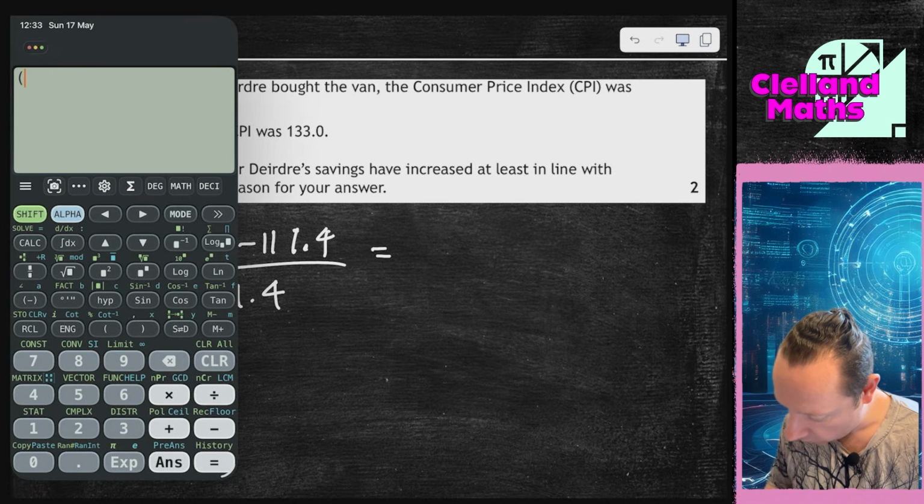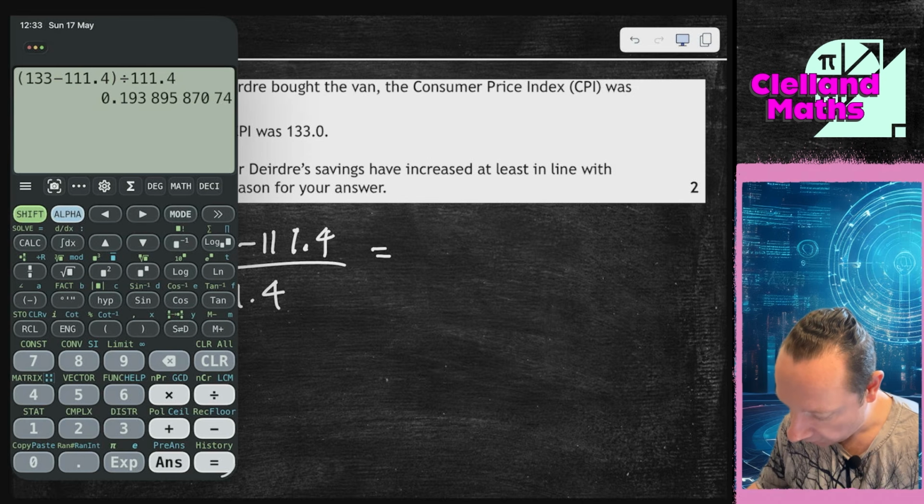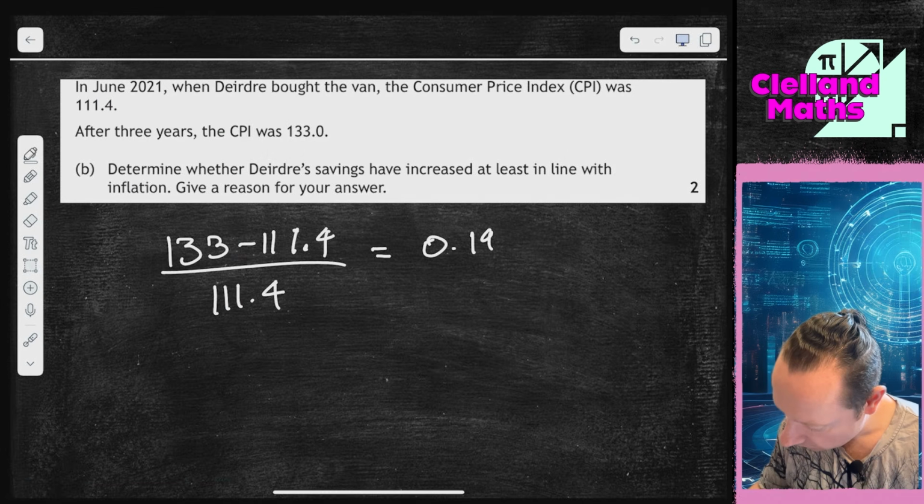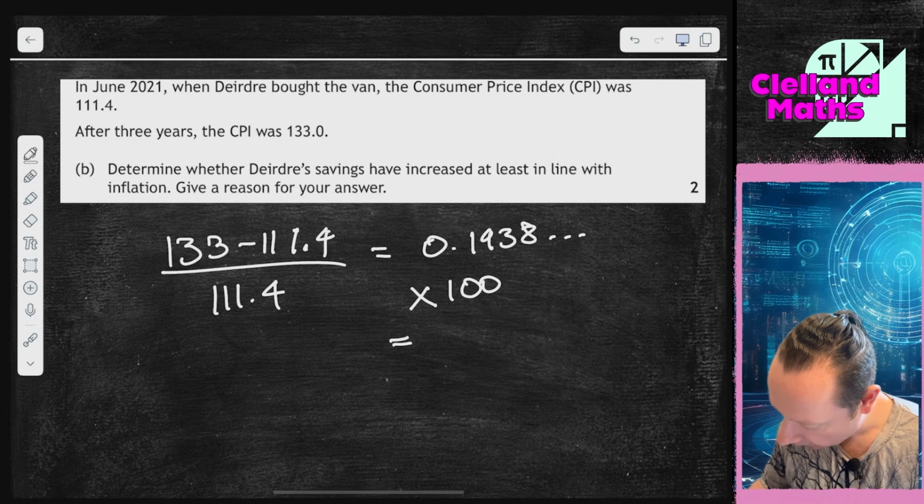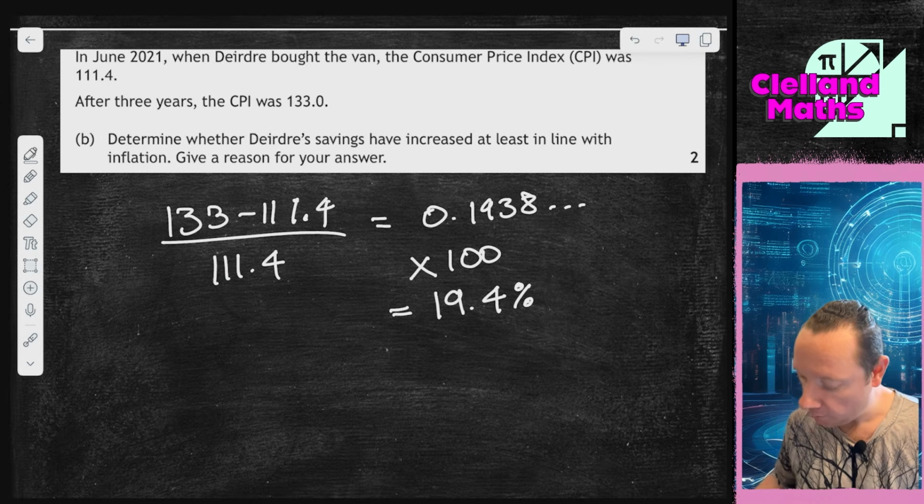So 113.0 minus 111.4 divided by 111.4 is 0.1938, which times 100 is about 19.4%. So inflation is at 19.4%.